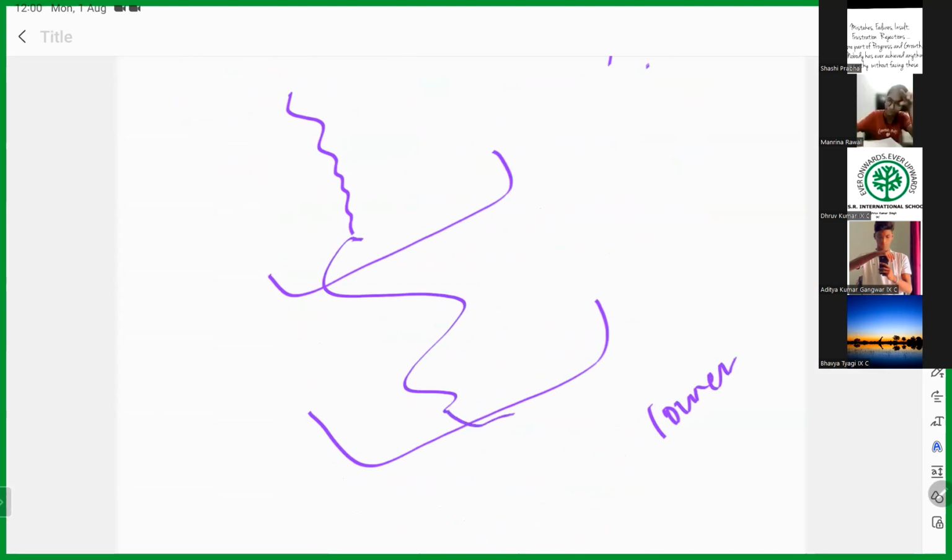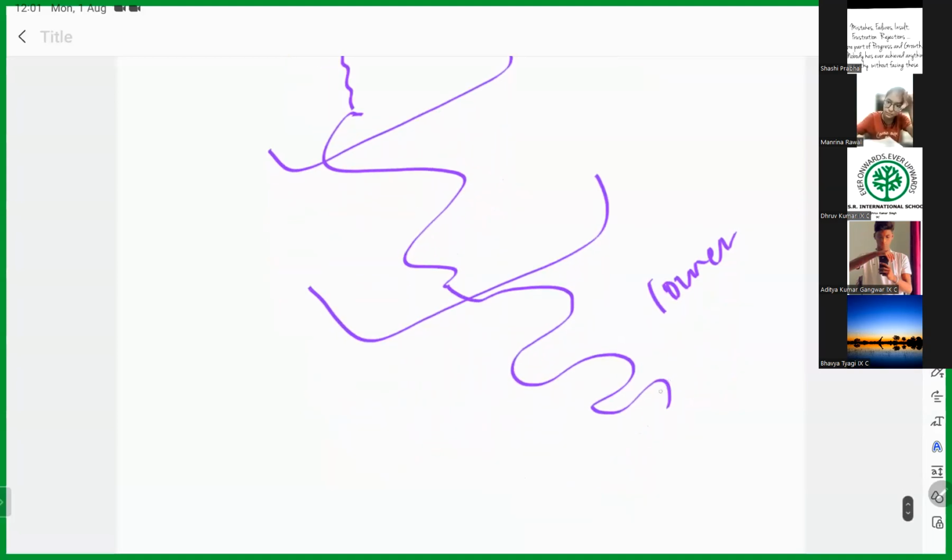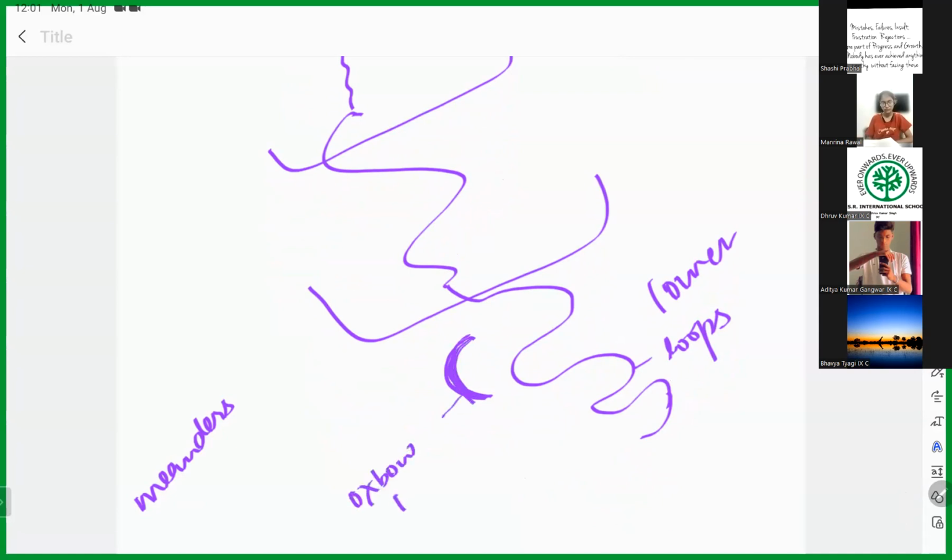Now, when in the lower course it keeps on moving in loops like these that you see, can you see these loops? Yes, ma'am. These loops are called meanders, right? These loops are called meanders, and over a period of time, when these loops are cut from the main river, they form the Oxbow Lake, right?